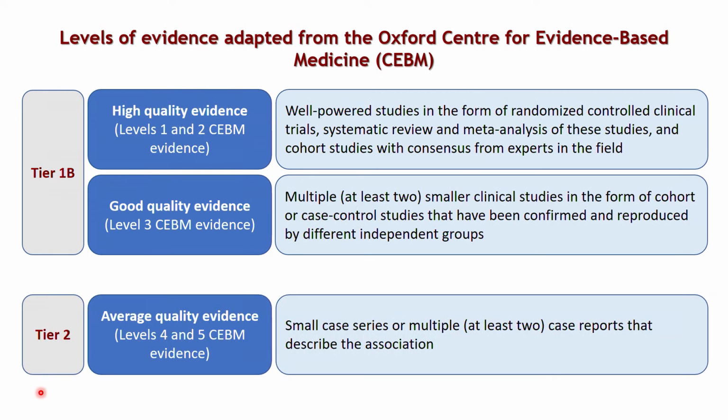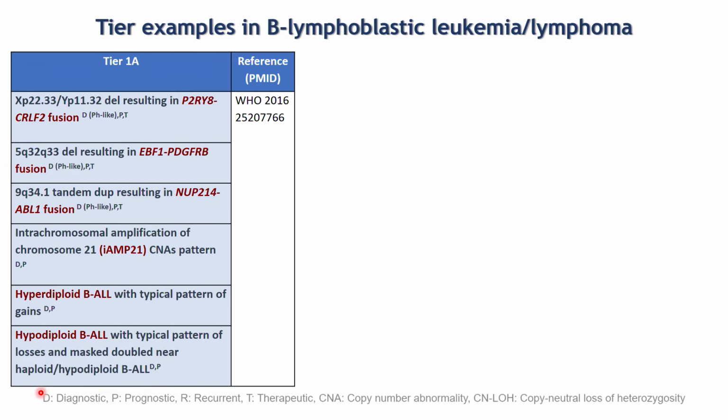And then finally, for tier 2, we require that you have average quality evidence, which is defined as small case series or multiple case reports. These definitions of levels of evidence were adapted from the Oxford Center for Evidence-Based Medicine definitions.